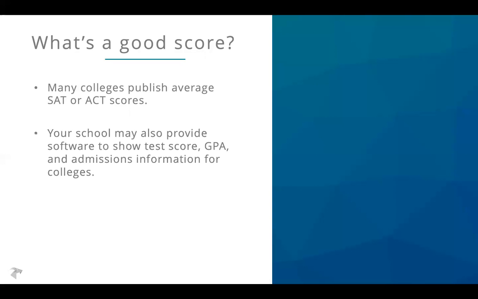Additionally, depending on what school you're going to, many schools will also provide some software that will show information like your test scores, so SAT scores, GPA, and then admissions information for various colleges. Oftentimes, you might have seen scattergrams, where you have your test scores on one axis and GPA on the other axis.